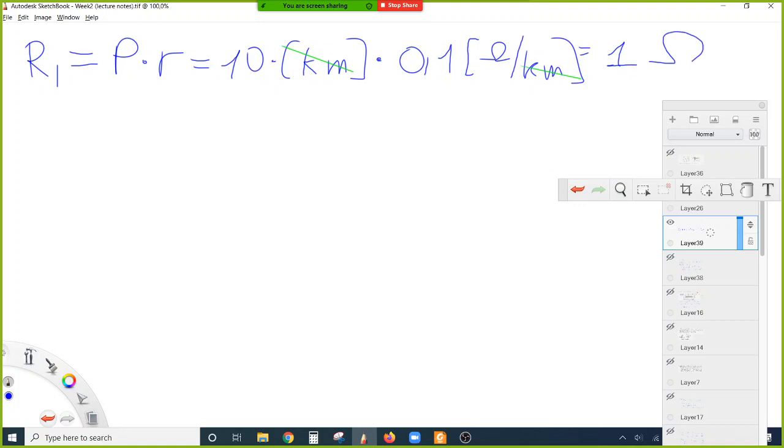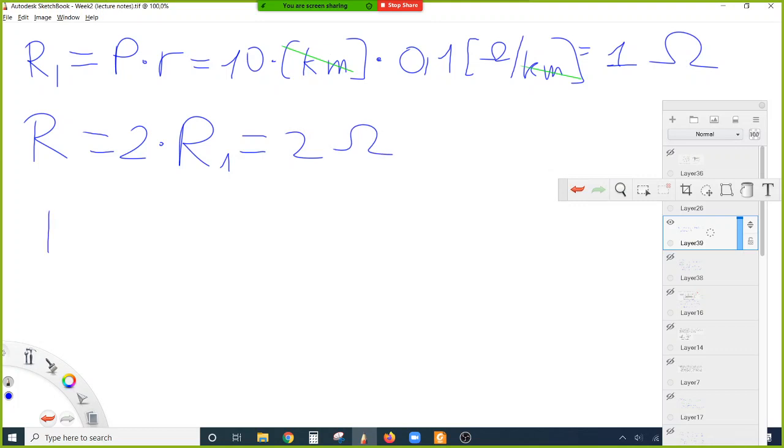Resistance of one rail is equal to 1 ohm at the very beginning of the motion of trains, and the total resistance is twice the resistance of one rail, because we have two rails, and is equal to 2 ohm.